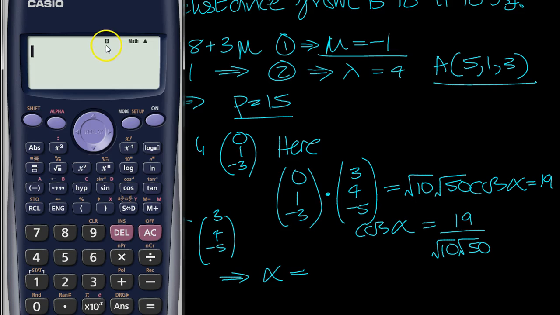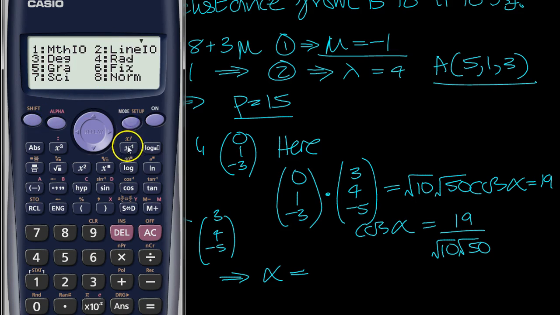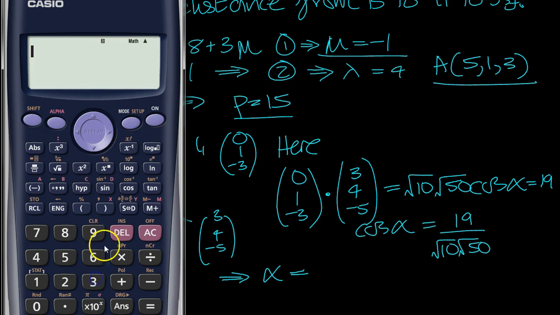So degrees mode, and then shift cos 19 divided by bracket square root of 10 times square root of 50, which could have been worked out a bit more easily, I suppose.